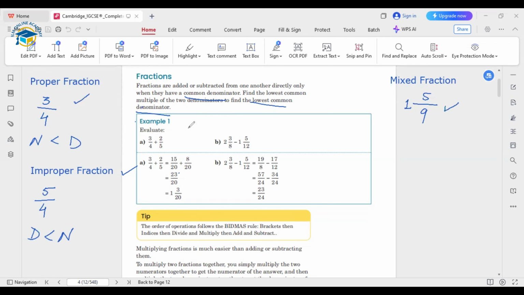For addition and subtraction, we need to have a similar or common denominator. This is the condition to add or subtract fractions.